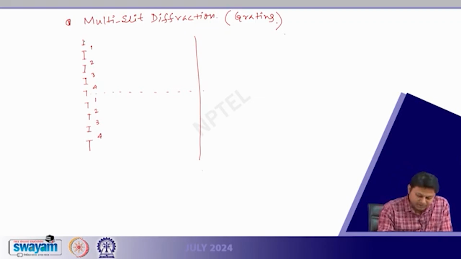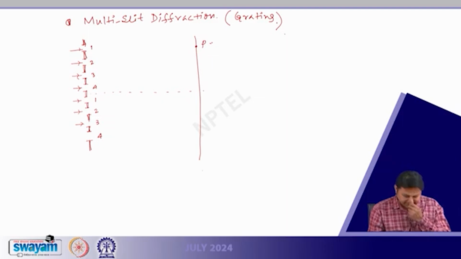These are the opaque regions, and these arrows are showing that light will go through these slits and they will interfere here at some point P. I need to calculate the intensity distribution at this point. As I mentioned, it will be a lengthy calculation, but very much doable.